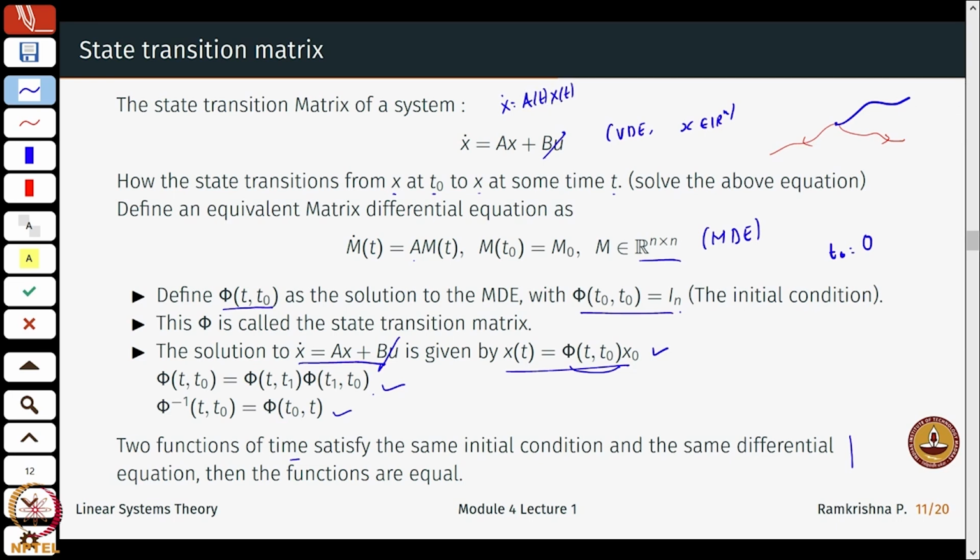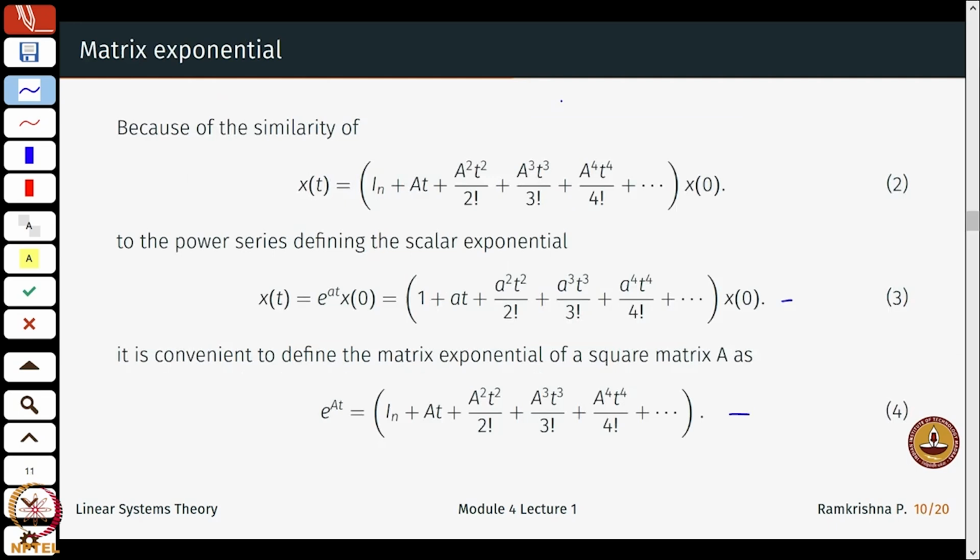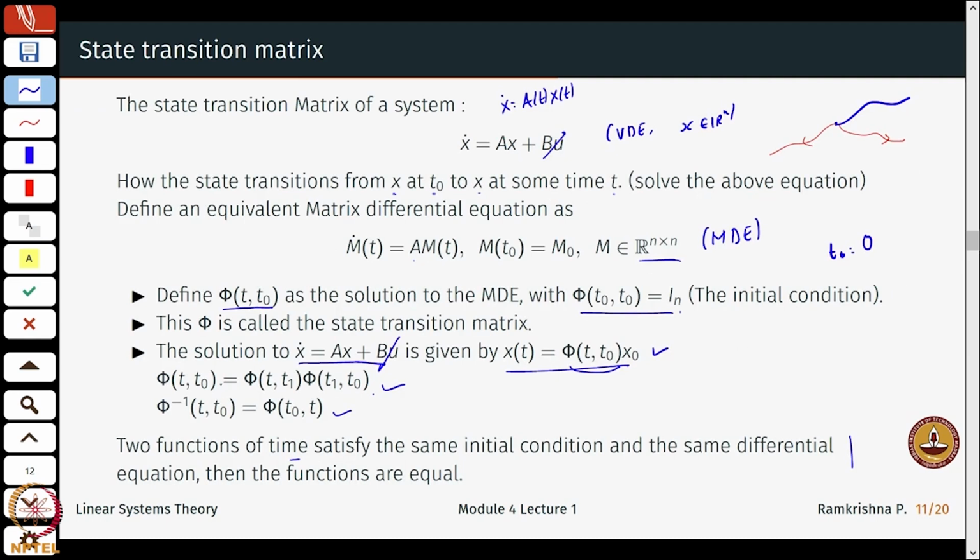For now it must be a little easier to guess the following: in the case of the LTI case, this is my state transition matrix starting from time t equal to 0 and at any time t.